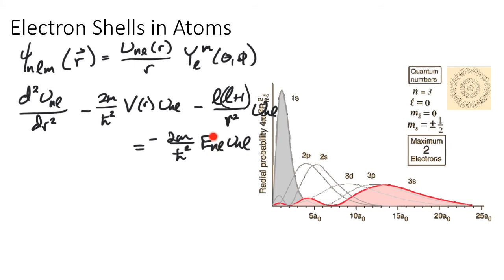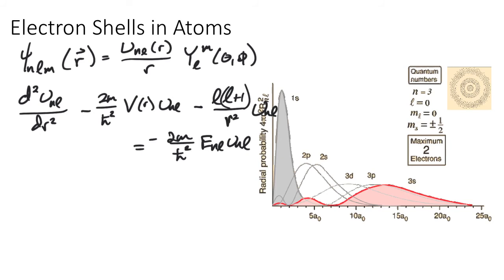And recall that we're looking for solutions to this equation which have this constant value energy. Those are the eigen solutions. They'll have a particular energy when we come out.